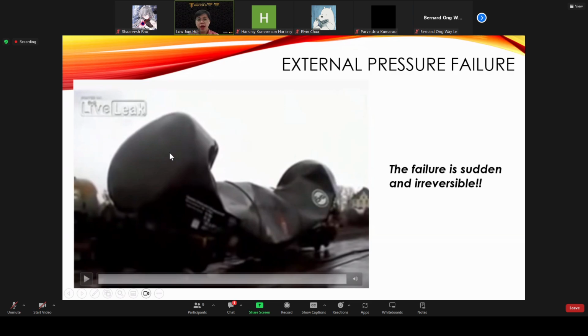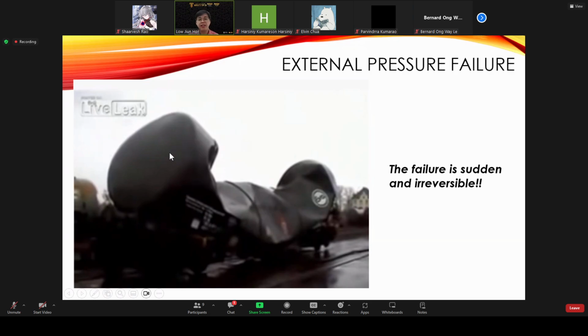buckling happens and occurs, because there is a gas and liquid mixture inside the pressure vessel, and the buckling is sudden, all this gas and liquid mixture might suddenly release out.